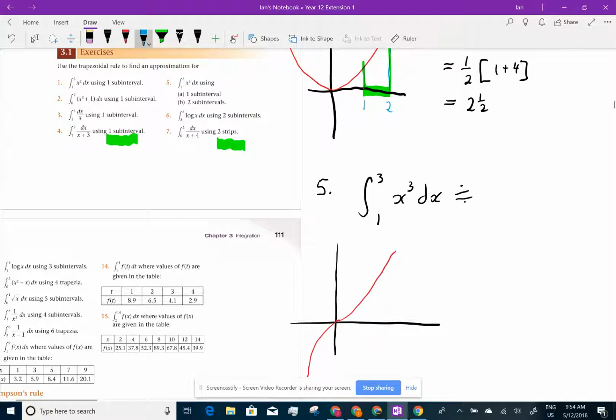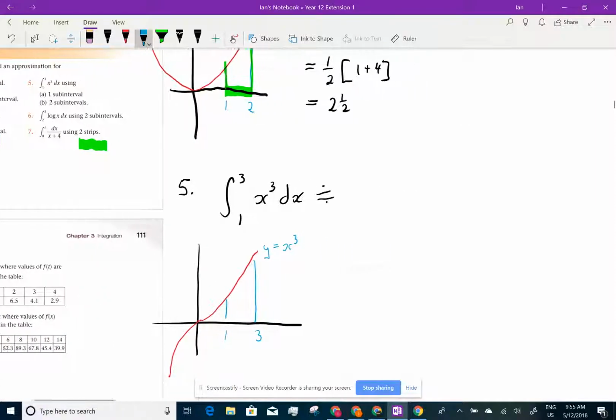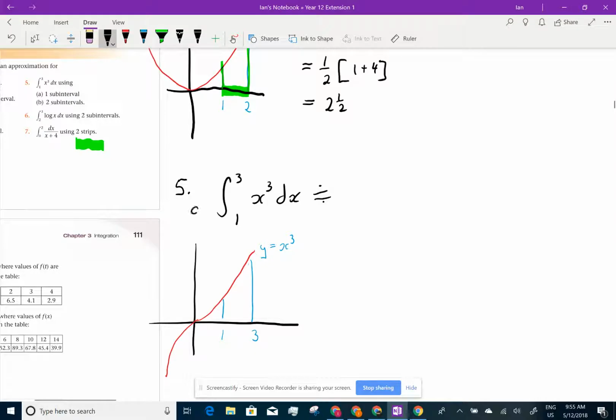And we're going between 1 and 3. And remember that this is y equals x cubed. So in 5a, with one subinterval, h on 2, 1, 2, 1. And don't worry about the 2 yet. You'll see where that comes into play in a minute.